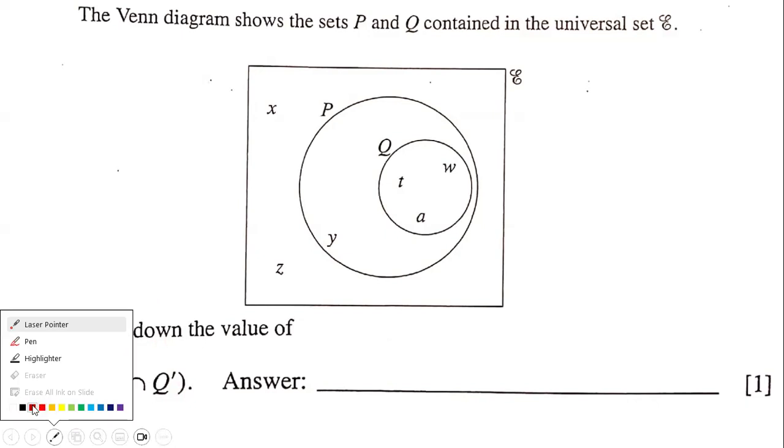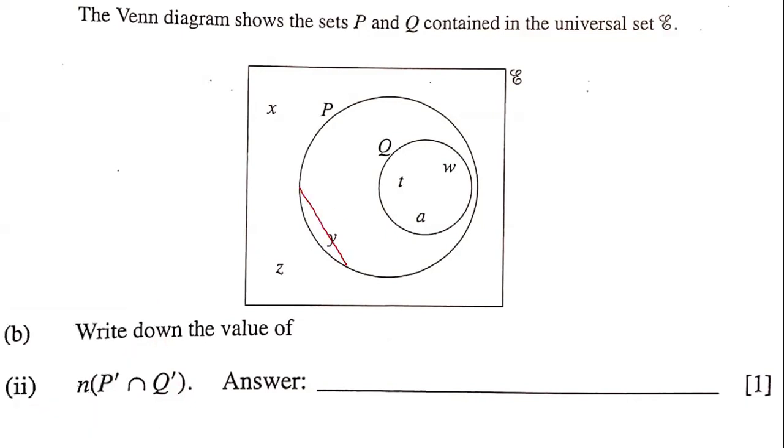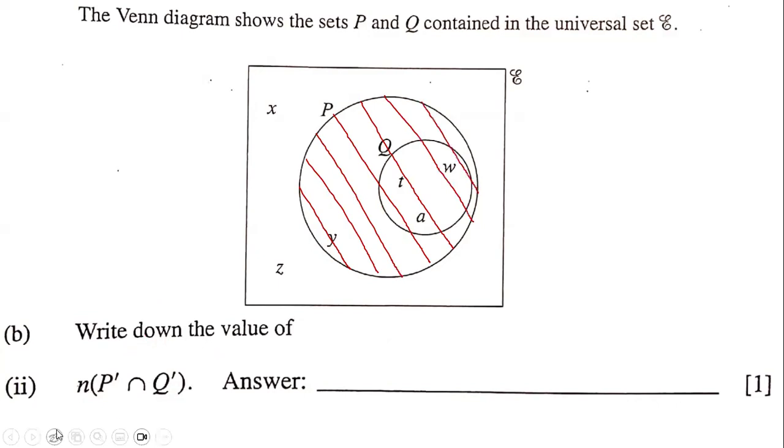If we're looking for P complement, that means that we include all of the elements in the universal set except for any of the elements that are inside P. So we cannot include Y, T, A, or W. The only elements in P complement are X and Z.